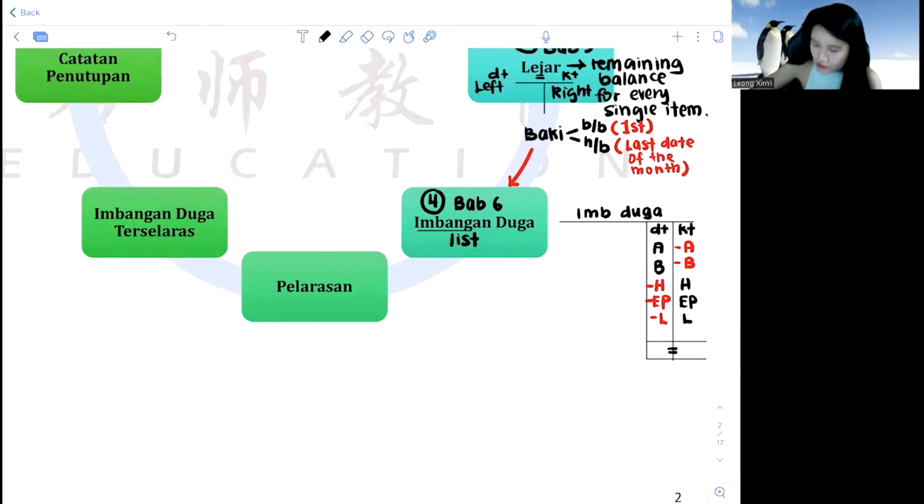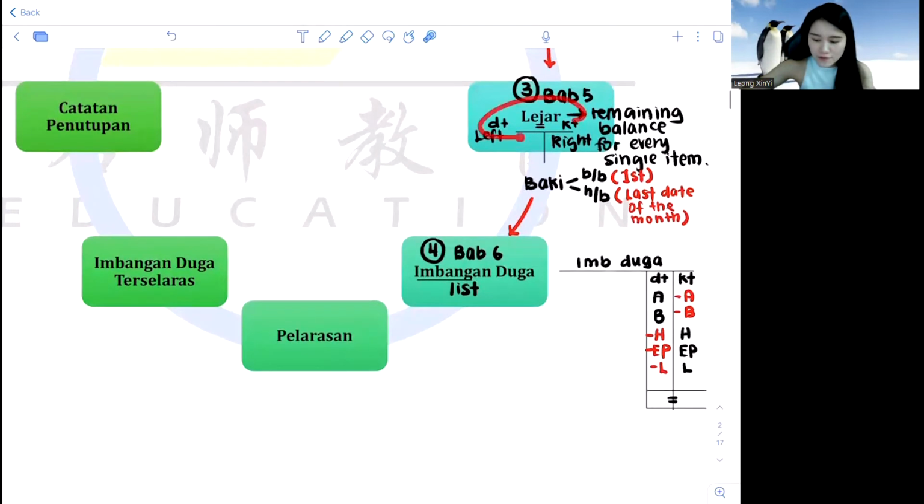Now, why do we bother creating imbangan duga? Yeah, it's because the list, right, will show us a clear view of how many things we have in the store. So if I just give you the buku ledger, as I say, I have 100 items. The ledger is going to be so thick. Probably the book will have like 200 pages. So if I want to find something's number, it's so difficult for me because I need to keep flipping around and find the number.